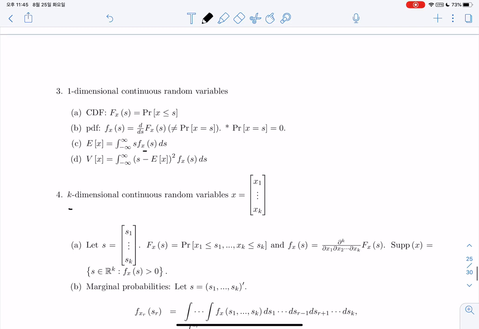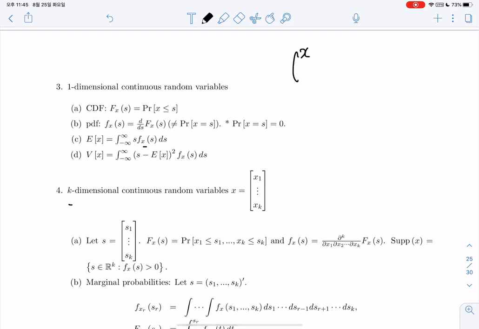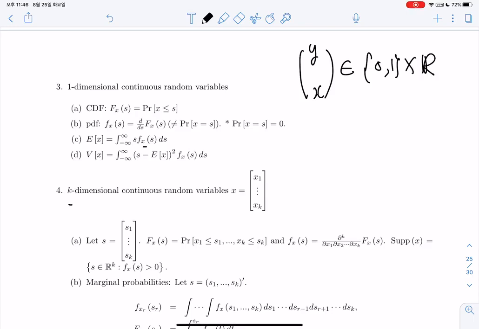For example, consider a random variable y and x where y is discrete and x is a real number. Okay, so it is possible. In fact, if you recall, the usual linear probability model is one of these cases.